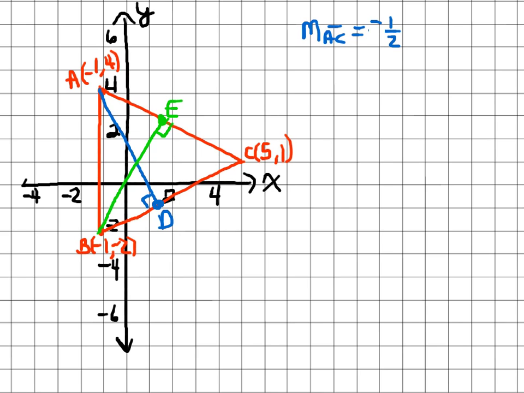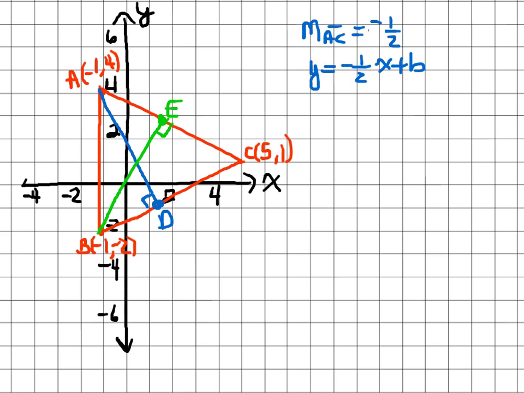Now what we need to do is find the y-intercept. So I have y equals -1/2 x plus b. I can use either point A or C to substitute in for x and y to solve for b. It doesn't really matter which one you choose.